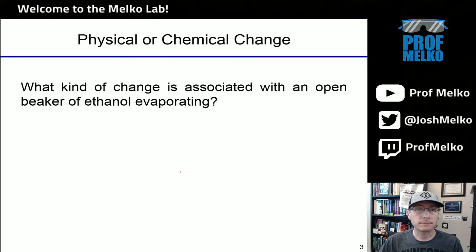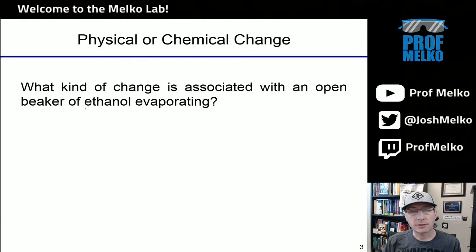Next practice problem, physical and chemical changes. What kind of change is associated with an open beaker of ethanol evaporating? Take a second and try to reason this out yourself. Physical changes are changes that don't change the elemental composition of the substance.